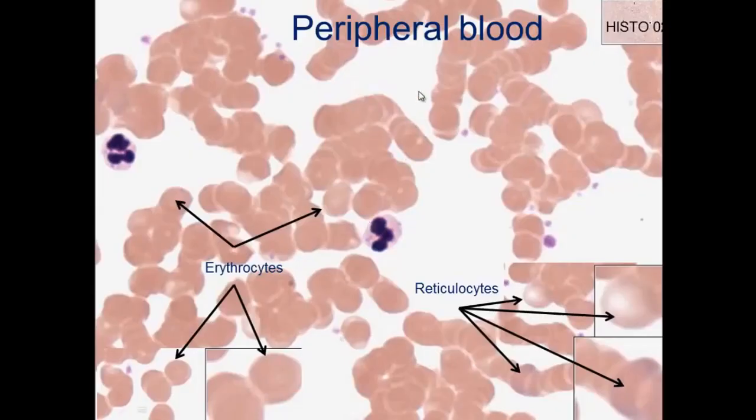If we look at a peripheral blood smear from a human, we can see red blood cells in through here. The smaller ones are the platelets. The red blood cells are actually not what's released from the bone marrow. It's reticulocytes, and they have a blue tint, and you can see the blue tint on these cells.